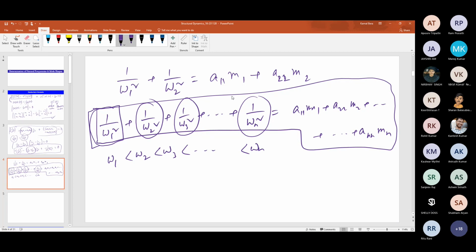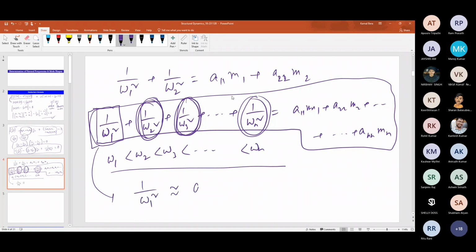This is an approximate calculation, not an exact calculation. He's saying that these values are lower since this condition is there, because omega 1 is the fundamental frequency, the base frequency, and the other frequencies are higher. So these values are much lower as compared to 1 by omega 1 square. So he is approximating this expression as 1 by omega 1 square is nearly equal to A11 M1 plus A22 M2, so on and so forth.